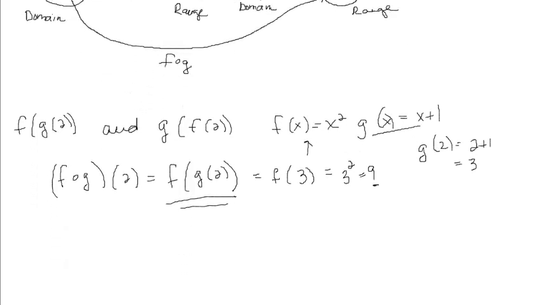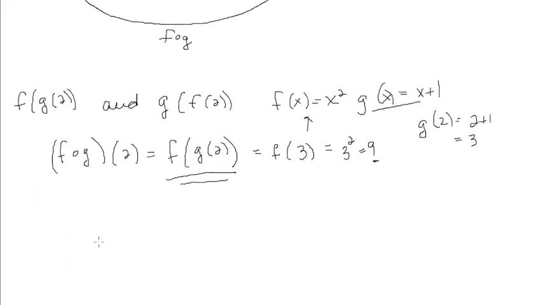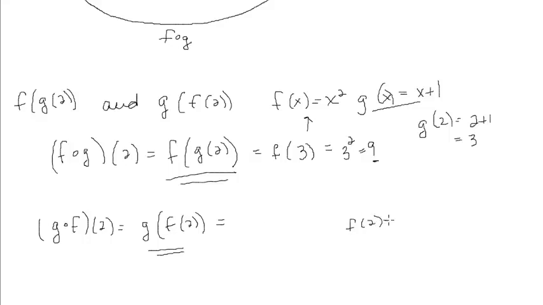Let's try g of f of 2. So g, again, this could be written like this. I don't want that to throw you if you see a different notation. But again, that means g of f of 2. And again, this tells you so much more, because now I can see I need to find a value for f of 2, and then I'll find g of that value. So what is f of 2?